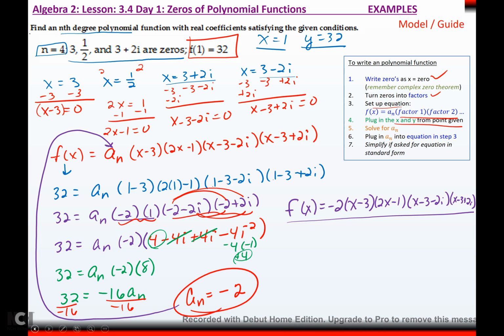Let's finish this off. Okay, so I'm going to do 2 at a time. So that's going to give me negative 2x plus 6 times 2x minus 1. That's going to be negative 4x squared, positive 2x, positive 12x, negative 6, clean it up, negative 4x squared plus 14x minus 6.